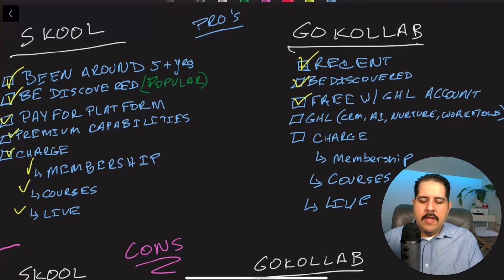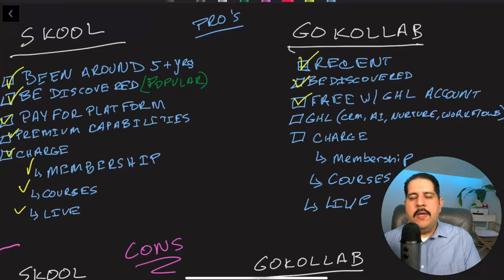So think of being able to add people to and invite people into the community. You have all their information, so it's a CRM, and you can add workflows, you can add AI features, you can nurture them, you can do a lot of things that you can already do with Skool, now enabled within high level.